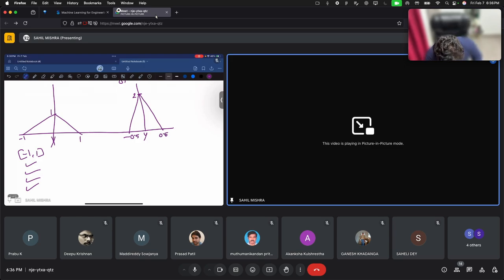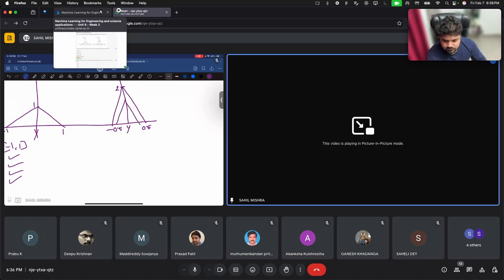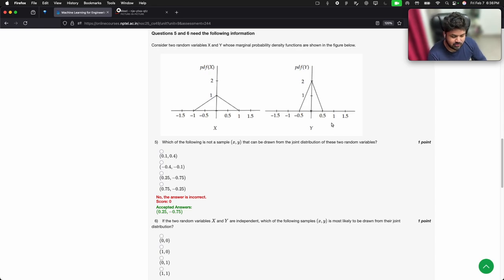So what you do is you scale it down. Once you scale it down, this graph comes somewhere here. How did you scale it down? The slope should remain the same. You cannot change the slope, otherwise the function gets disoriented.